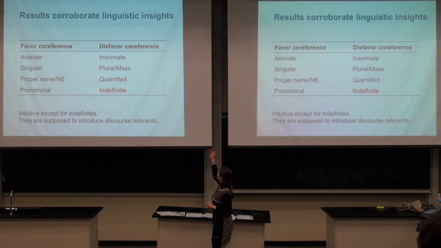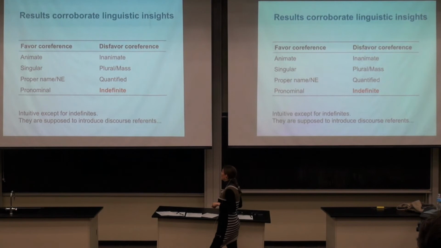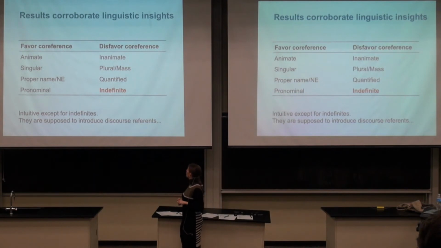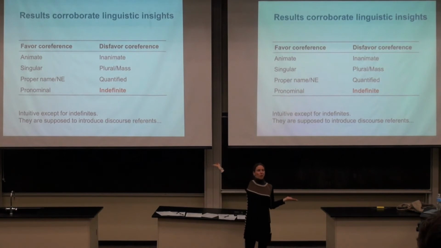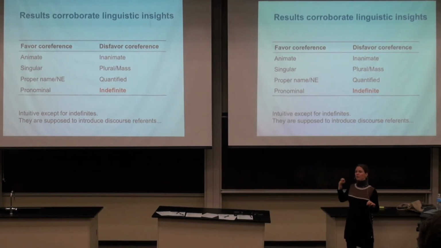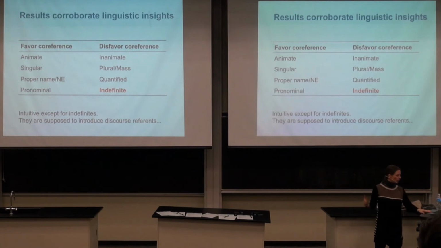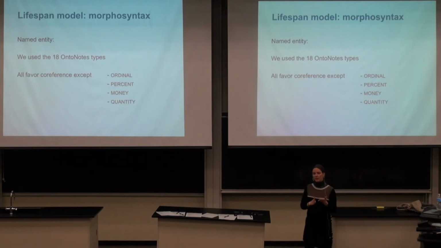If you are inanimate, plural or a mass noun, or quantified, this is exactly in line with linguistic insight. Truly quantified mentions are bare of anaphoric properties. Or that's a bit more puzzling, indefinites are disfavoring coreference, and we're going to see why. For named entities, as I said, usually a named entity is going to favor coreference.